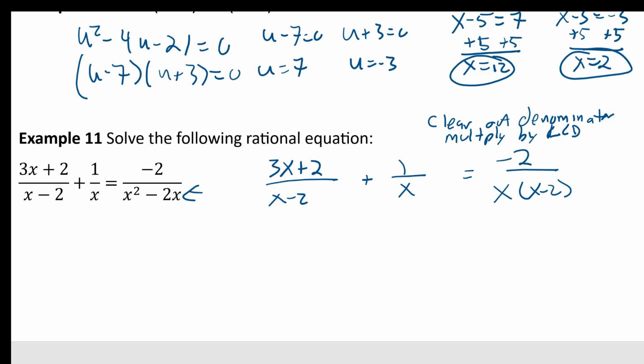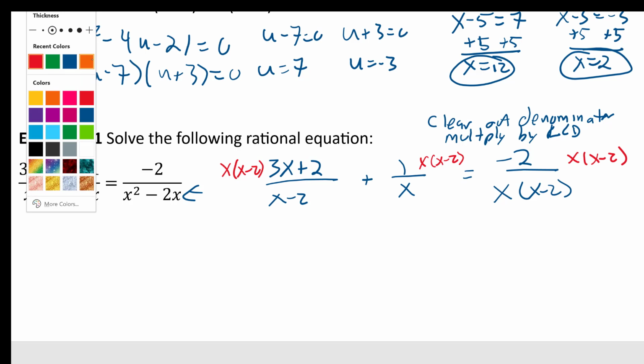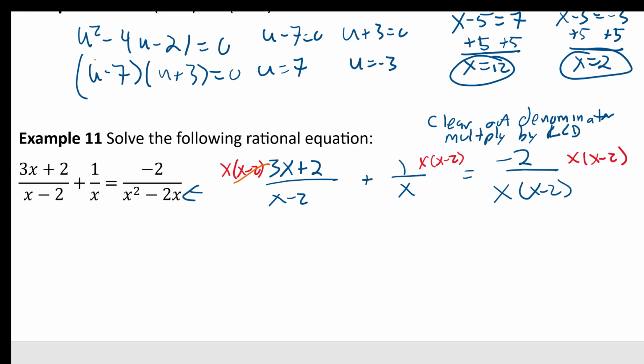Okay, so I'm going to multiply everything by x times x minus 2, x times x minus 2, and x times x minus 2. So the x minus 2's divide out there, the x's divide out there, and the x's divide out, and the x minus 2's divide out.